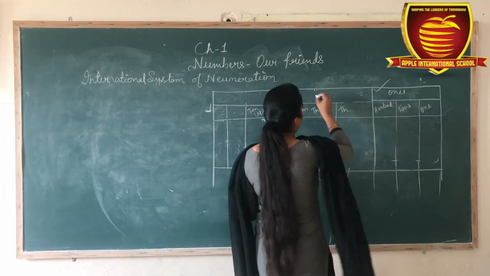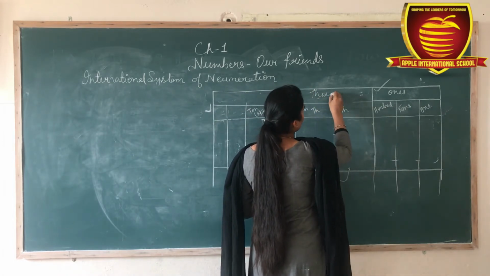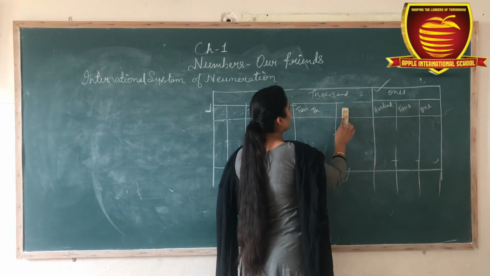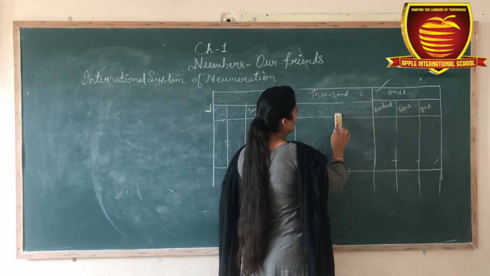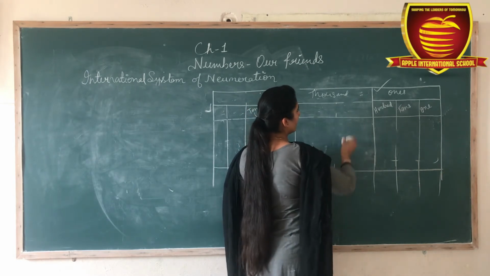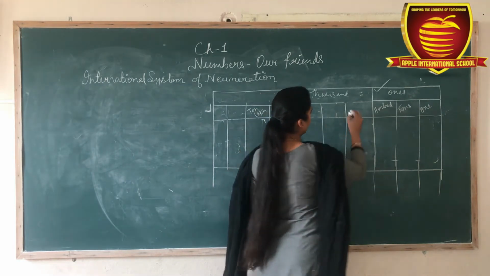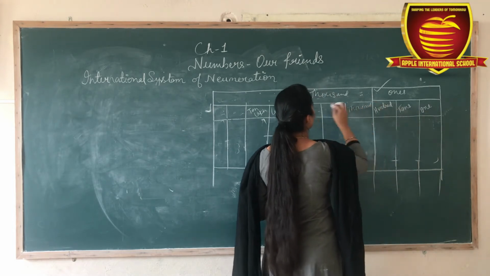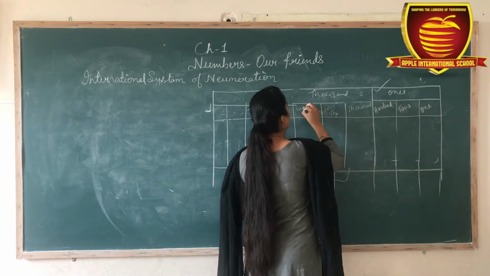Now, at the 1000 place, here is 1000, 10,000, 100,000.